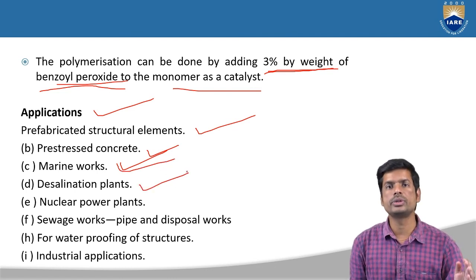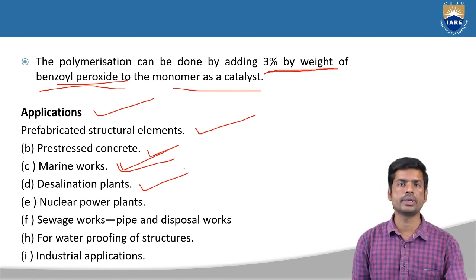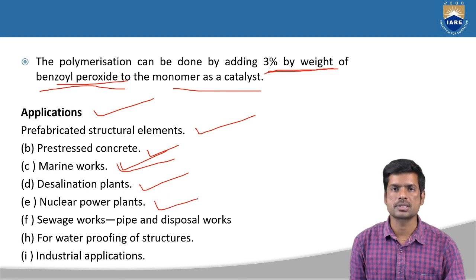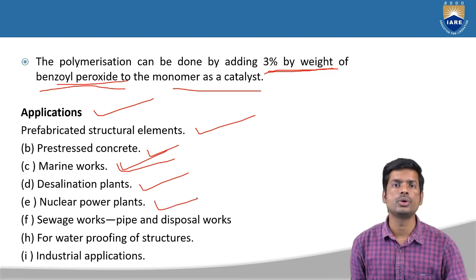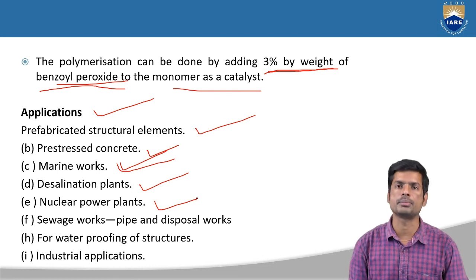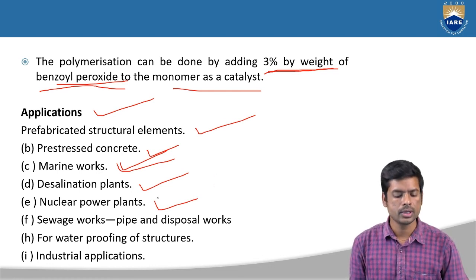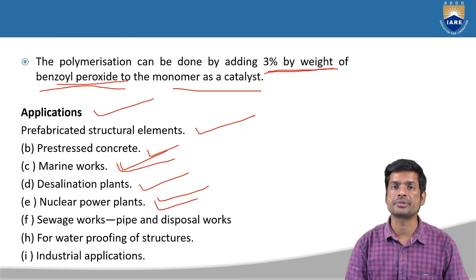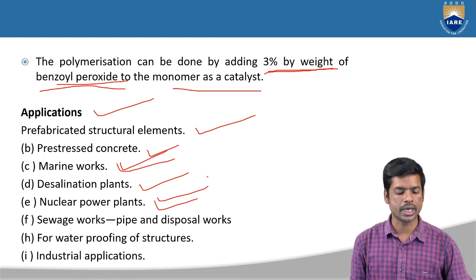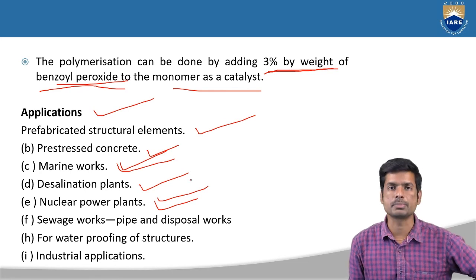Whenever you do the desalination process, there also we use polymers. Next, nuclear power plants: to get resistance from high heat conditions or high chemicals, and for sealing and protecting the surfaces, they use these polymer based materials.